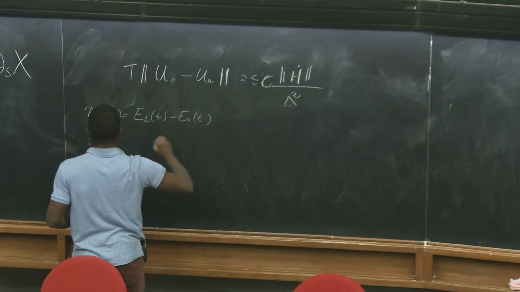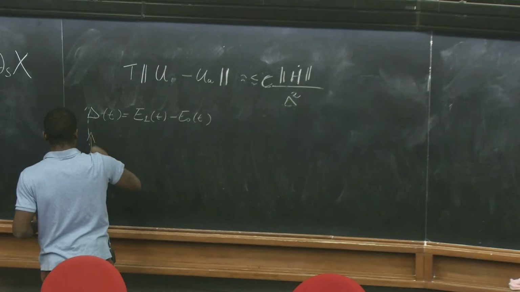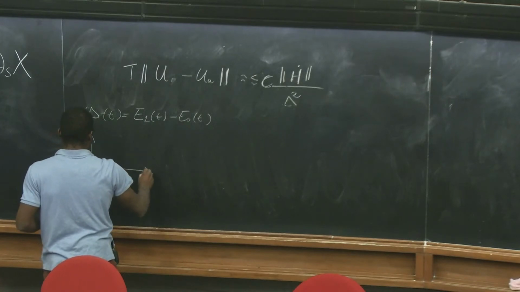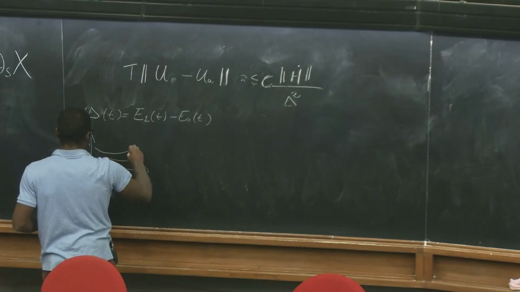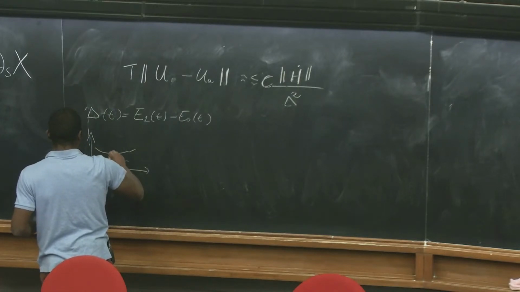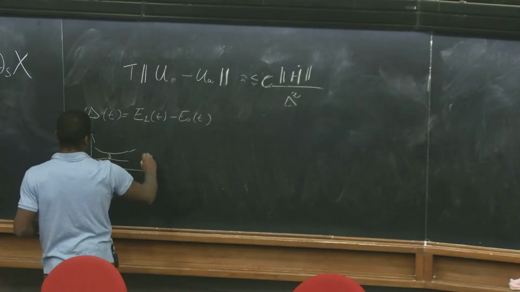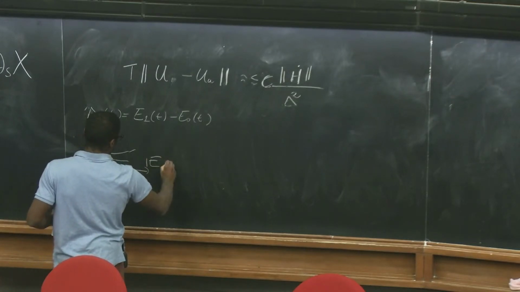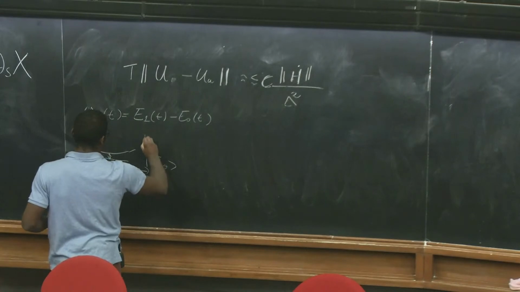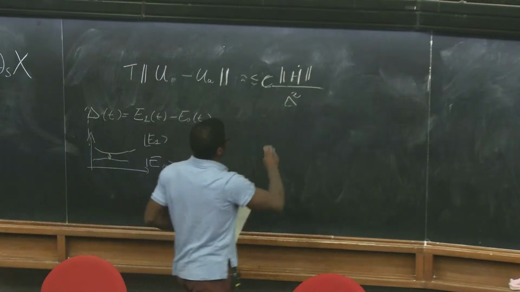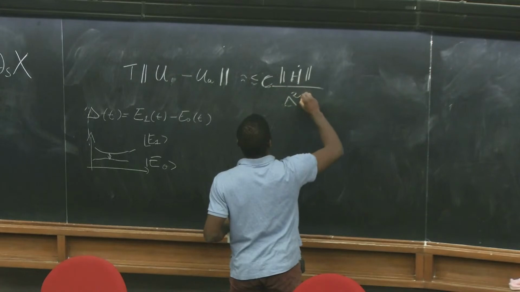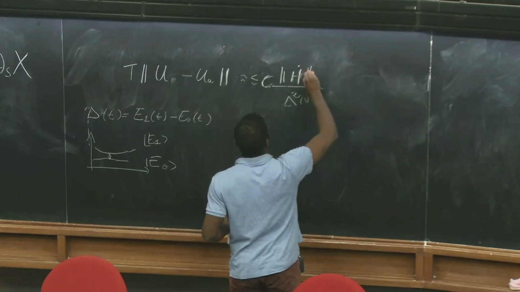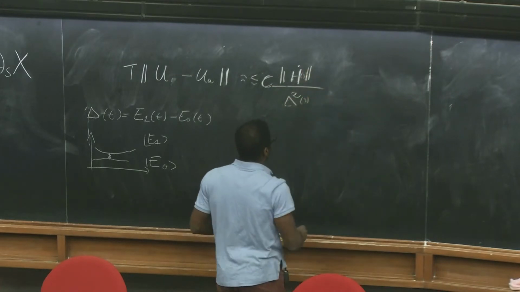E0 of t. And as we said, you're going to have these two objects, and we are considering this difference between the E0 state and the E1 state. And here, this quantity is defined for some value of S, and you'll have to take the maximum.